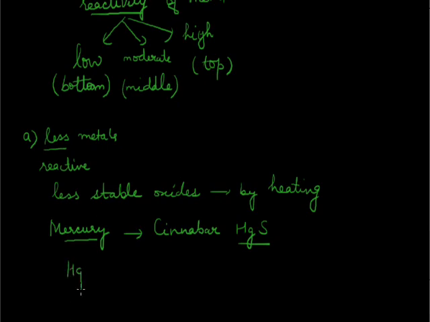So cinnabar is heated with air, it is roasted in the reverberatory furnace, it converts into mercuric oxide, giving out SO2. Now because HgO is not very stable, mercury is a very less reactive metal, that is why during this roasting process only, this HgO will get heated to form mercury, giving out oxygen. So during the process of roasting, we will get liquid mercury as the metal will be extracted.